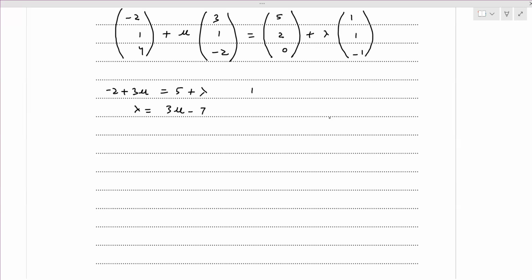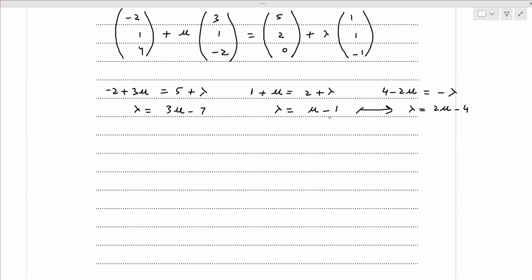Y with y, 1 plus mu is equal to 2 plus lambda. So lambda is equal to mu minus 1. And z with z, 4 minus 2 mu is equal to minus lambda. So lambda is equal to 2 mu minus 4.